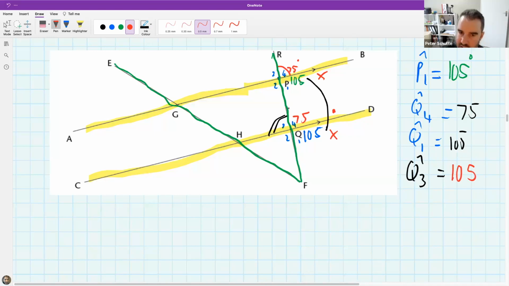Yeah, and there's a couple of ways we could have done it. We could have said that these two are alternate angles, the Z shape, or we could say angles on a straight line add up to 180. And that will also do it. Or you're quite right, Hawaii, that is a vertically opposite angle. And so you can get that to be 105.